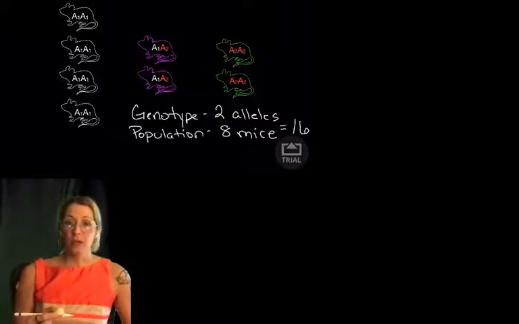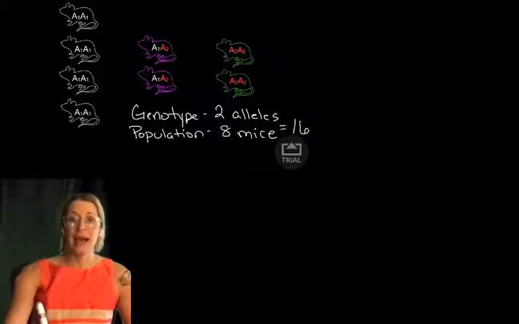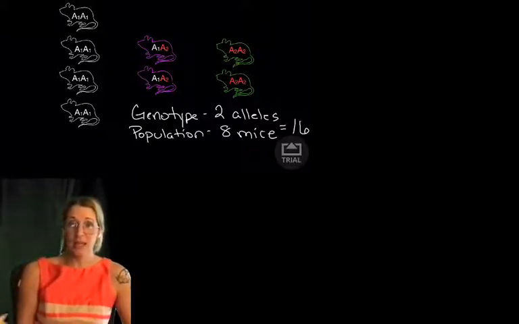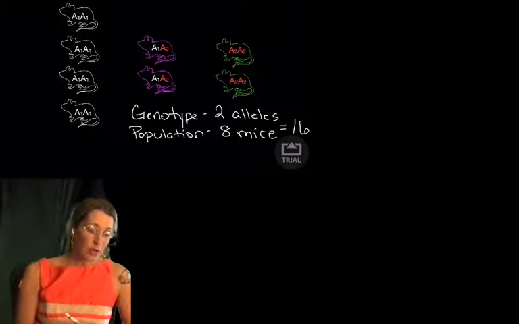If we want to figure out the allele frequency, this is how many of each allele there are out of this 16. There's 16 copies. How many of them are each thing? So all we have to do is count them up. All of our genotypes that are homozygous A1 have 2 A1s.